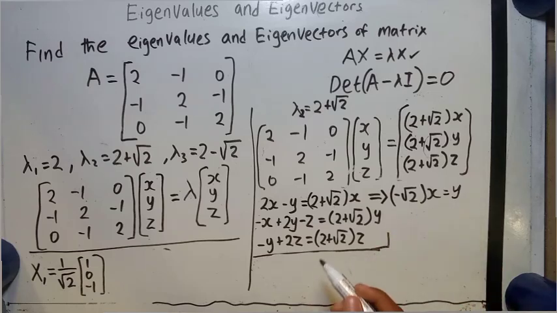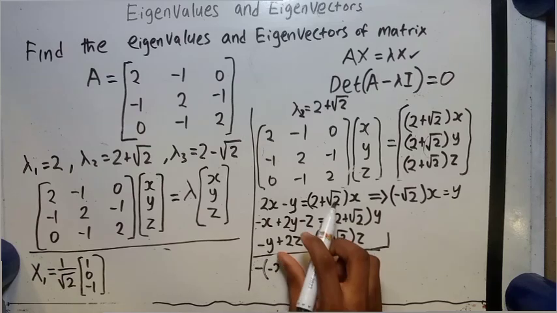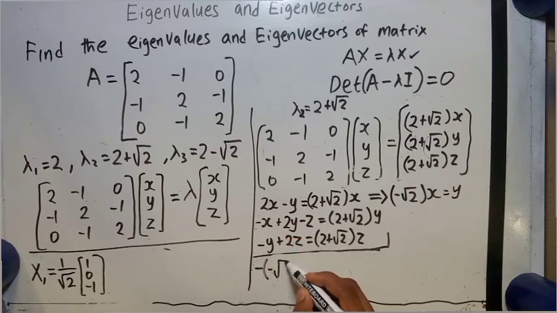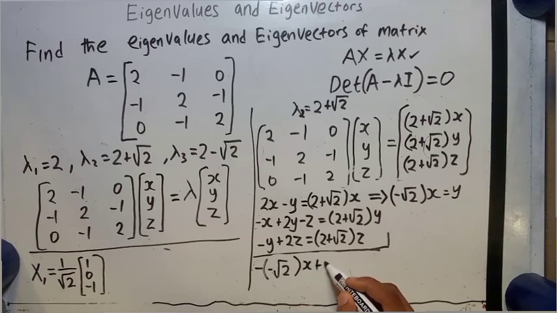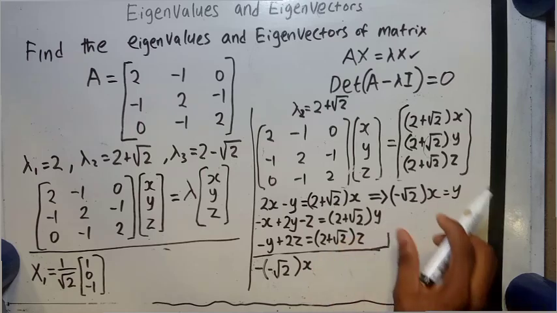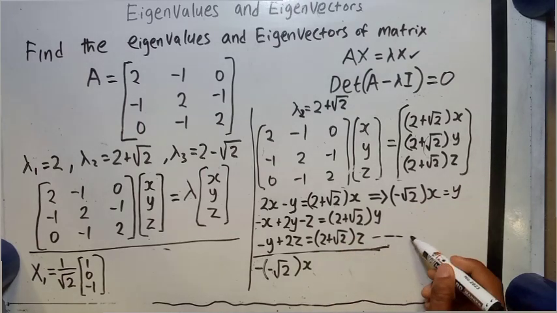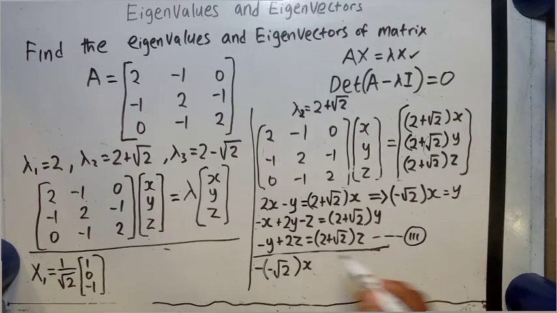You can now easily substitute here. So we're going to be having minus in brackets minus root 2, representing the y, plus, I'm solving from here, the third equation.